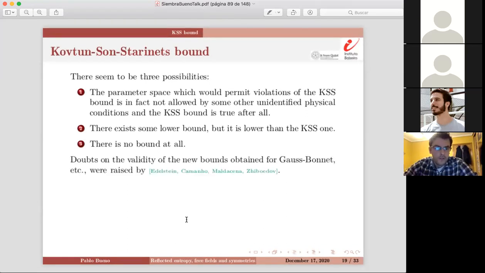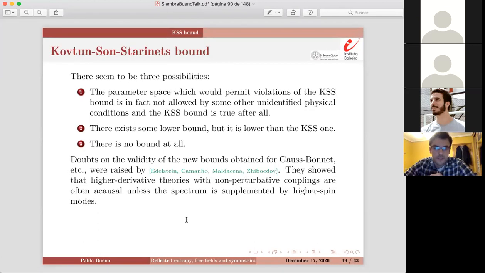So something that changed the whole thing considerably, I think, well, that's my impression from looking at this from the perspective of nowadays, let's say, were the doubts raised on the use of non-perturbative higher curvature gravities here.